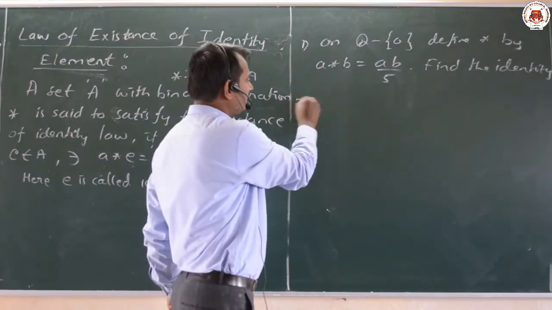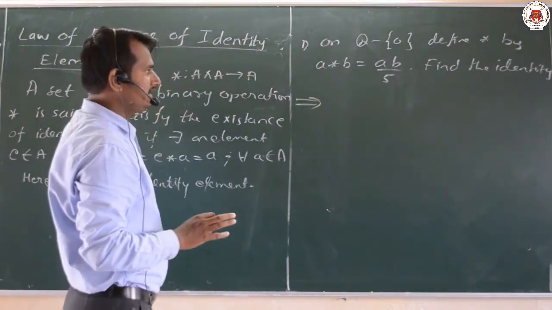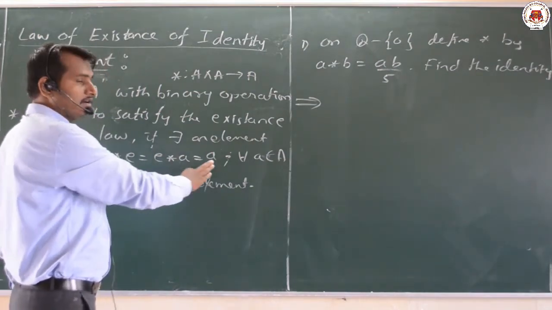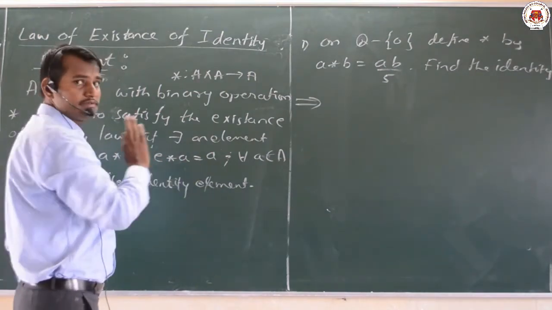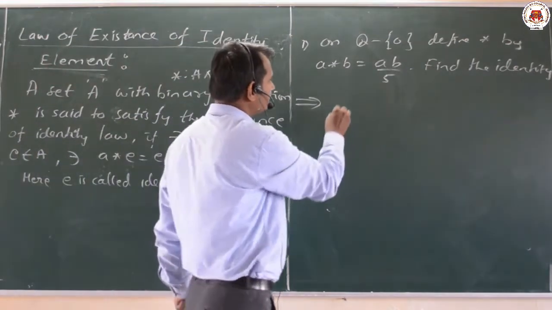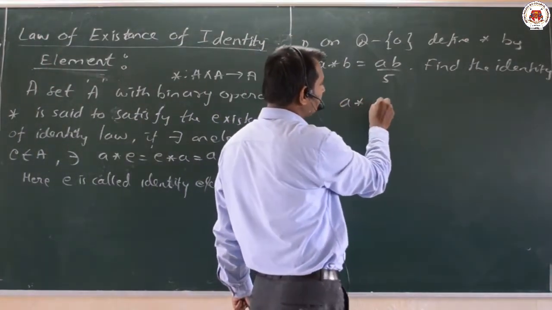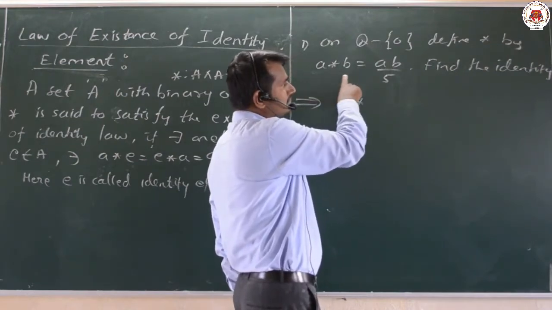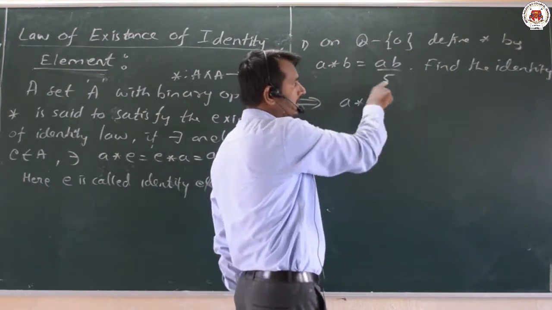Now here, finding the identity means what? According to the definition, we have a star e equal to a, and e star a should also be equal to a. That we shall take here. Here the definition is a star b equal to ab by 5.